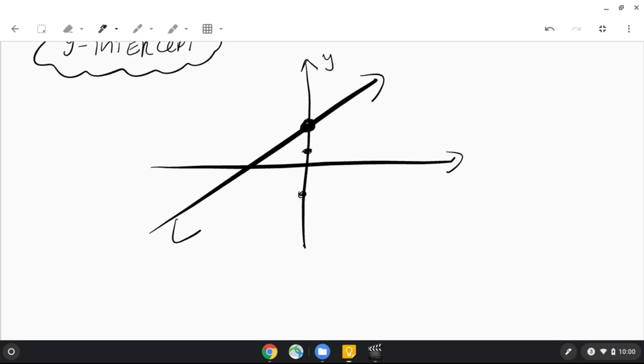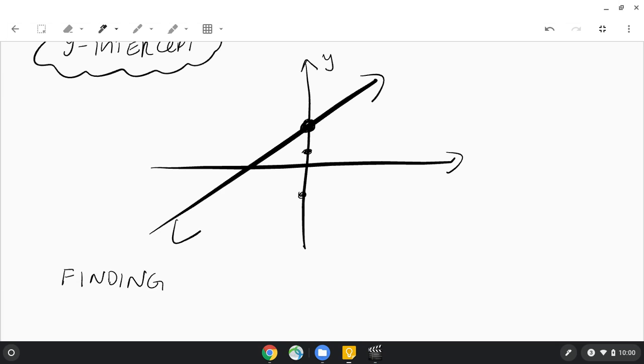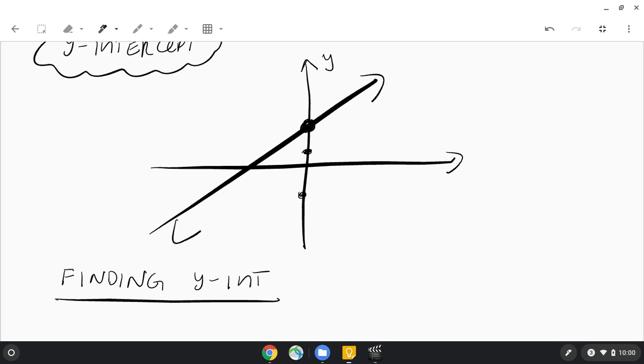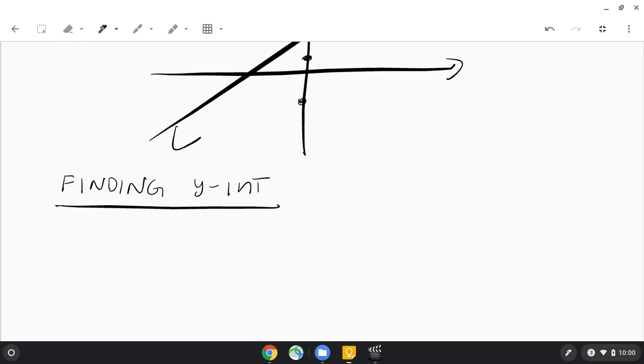So when it comes to finding the y-intercept, what we're going to do here is solve for y.